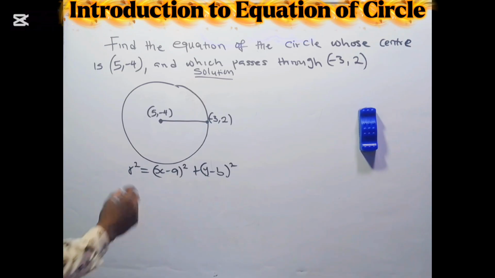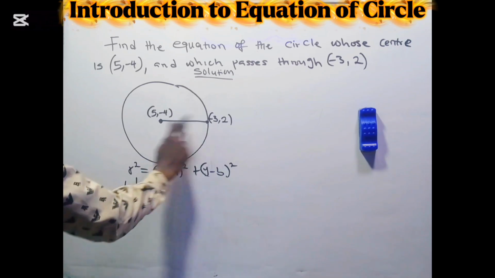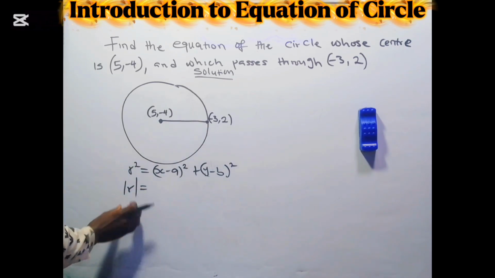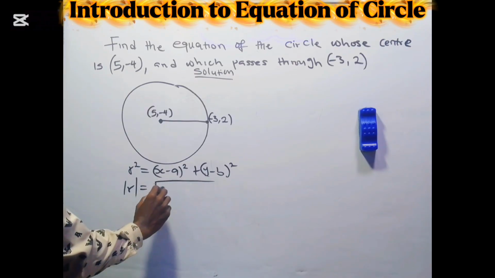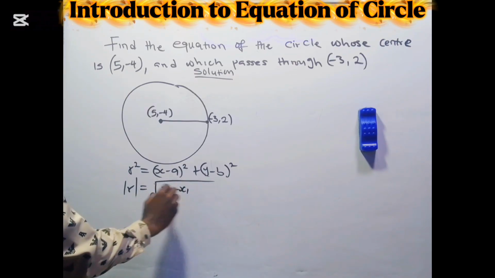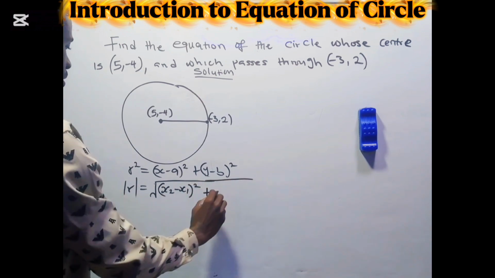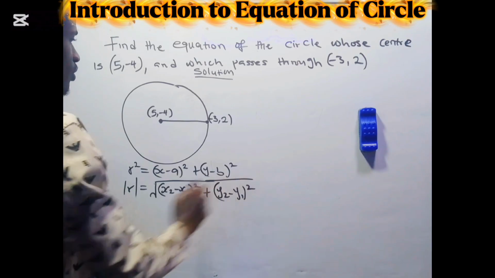Therefore, our r will simply be the distance between (5, minus 4) and (minus 3, 2), which is given by the distance formula: square root of (x2 minus x1) squared plus (y2 minus y1) squared.